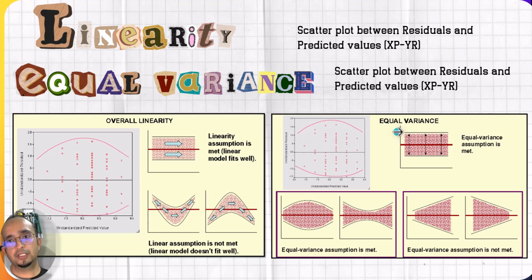The same goes for equality of variance: if there is no pattern, meaning the residuals are scattered around the graph, then equality of variance is also met. If you see any pattern, whether a U shape, V shape, or any shape, it means that the equality of variance and linearity assumptions are not met.